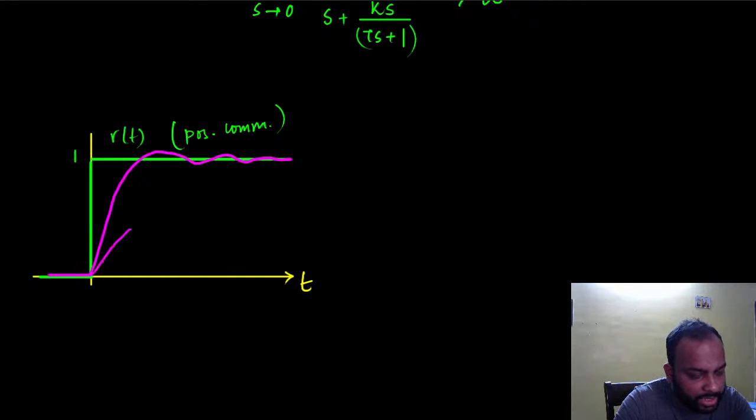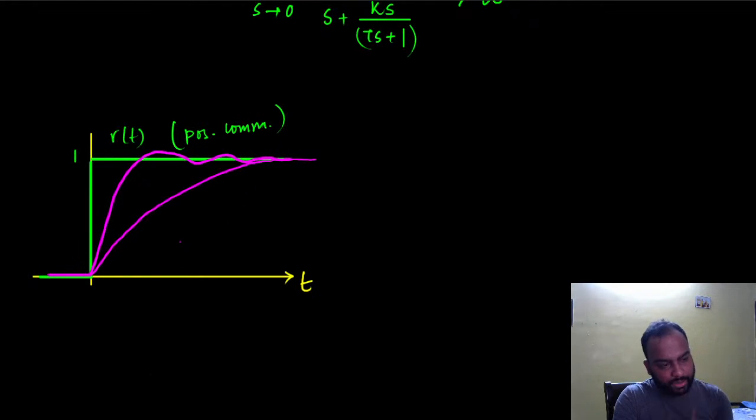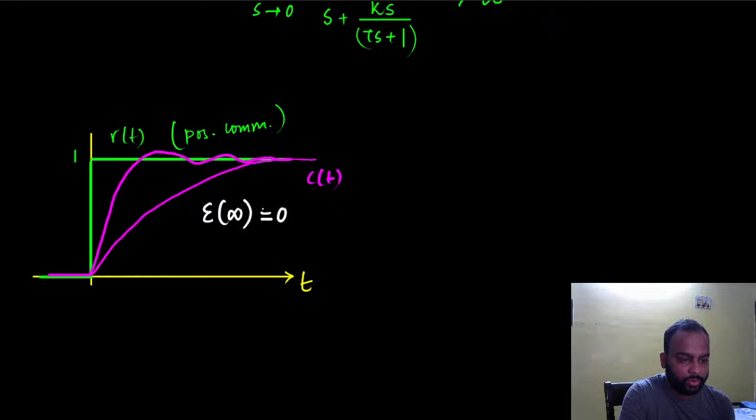The response could be something like this, or whatever it is, it could even get a bump in the opposite direction and then still reach that. The point being, the steady state error has to be 0 when I ask it to follow a position command. So here I can safely say that e(infinity) will be equal to 0.